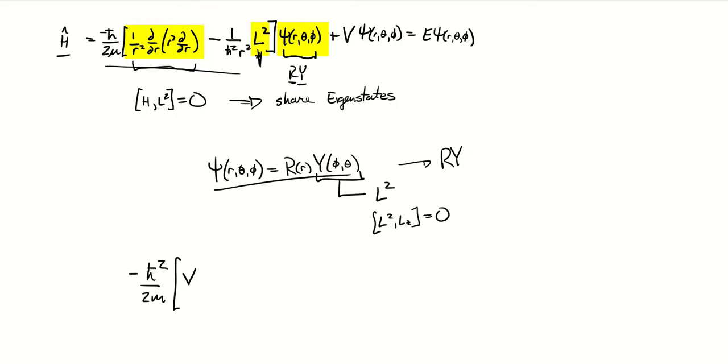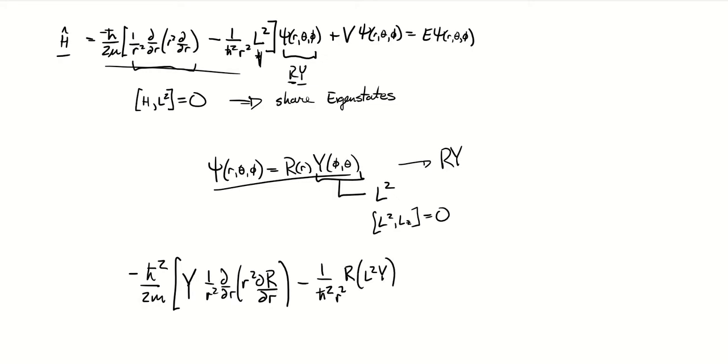So this ends up being Y times 1 over r squared partial r, r squared partial r of capital R, the function, minus 1 over h bar squared r squared times that radial function times the L squared operating on our angular function, plus V of r acting on our wave function, R times Y. That's going to equal our energy times our wave function, R times Y.